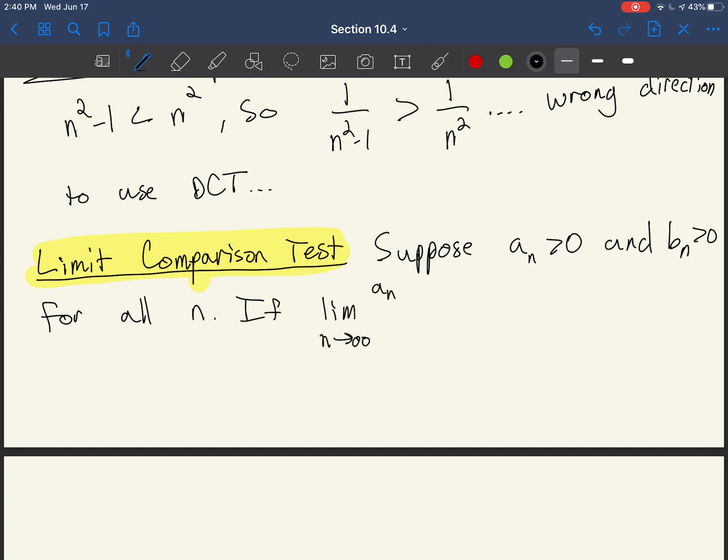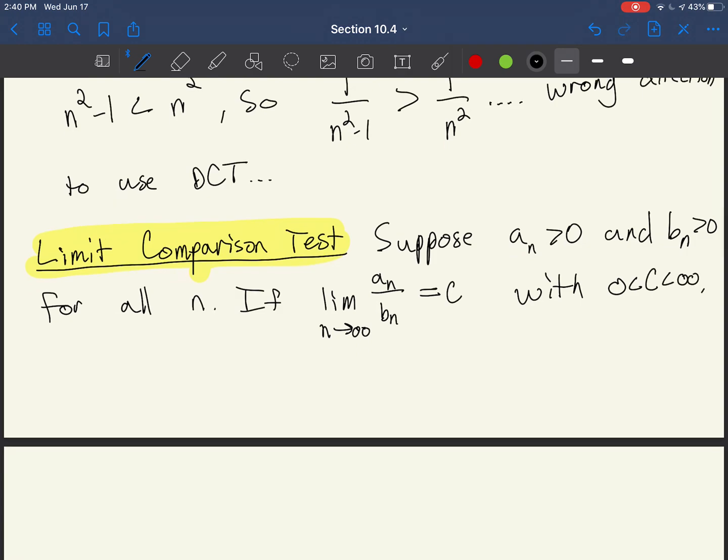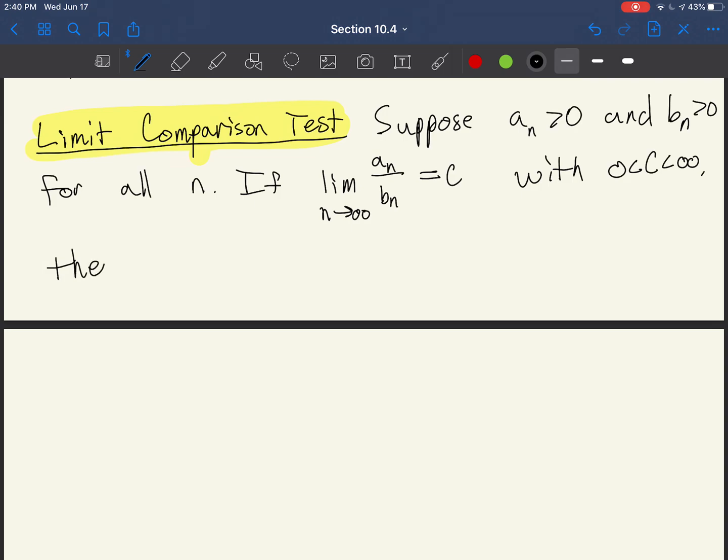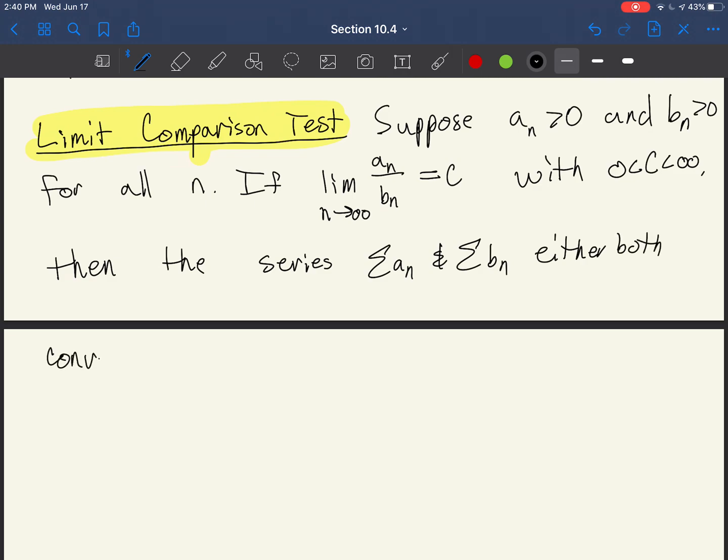Then if the limit as n goes to infinity of a_n over b_n equals c, with c not 0 and not infinity, then the series, the summation of a_n and the summation of b_n, either both converge or they both diverge.